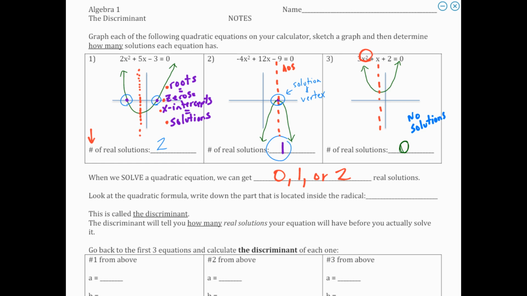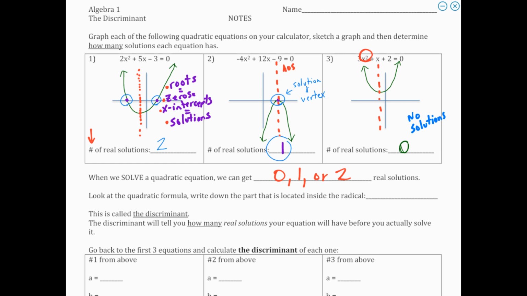So notice my highest power in this problem is 2. So what's the most solutions I can have? 2.